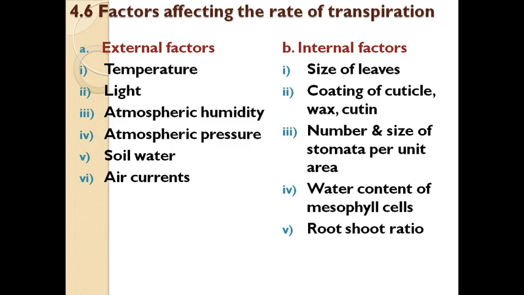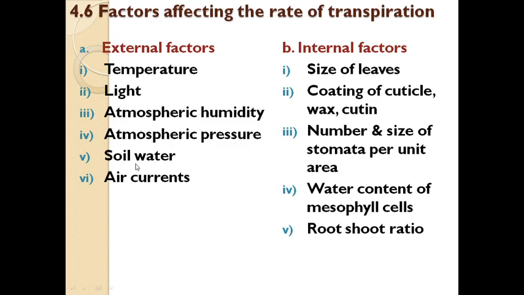If the atmospheric pressure is high, the rate of transpiration is low because of the increase in the density of air. If atmospheric pressure is lower, the rate of transpiration is higher. Thus, the rate of transpiration is inversely proportional to the atmospheric pressure.